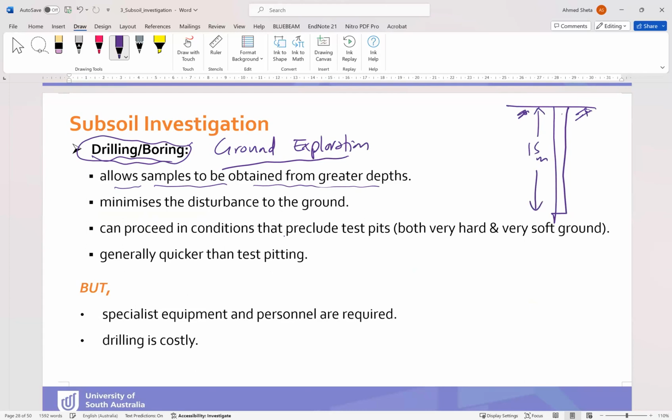It depends on how deep you want to go, but it might be very costly if you go very deep, like 25 or more. So this is one of the advantages. Also, this will minimize the disturbance to the ground, because the hole diameter is very narrow, so it will not cause disturbance to the soil.